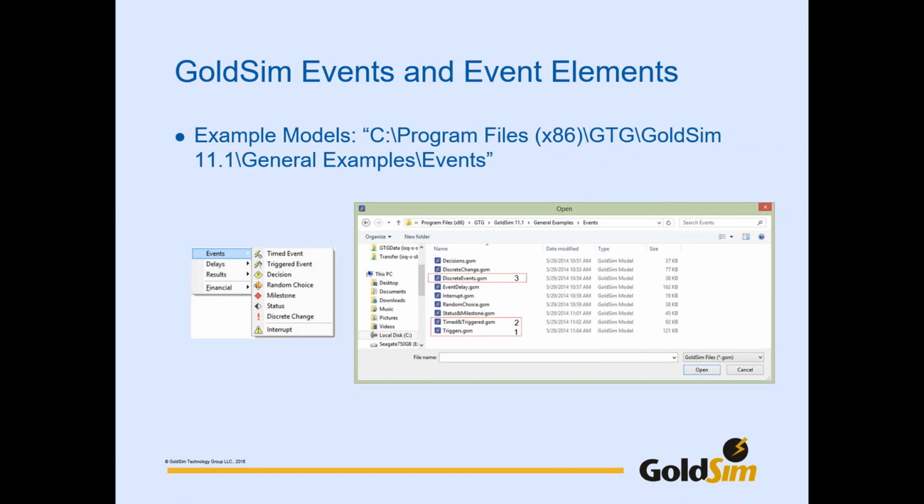What we're going to do now is look briefly at 3 example models from GoldSim. The example models, as you probably all know, are installed on your computer when you install GoldSim, and you can see an example of the directory where these examples are installed there on the screen.